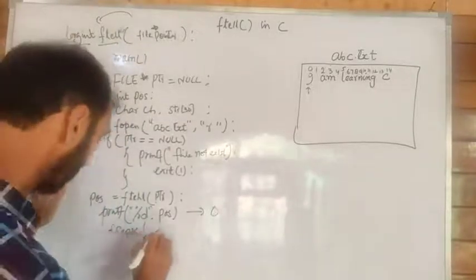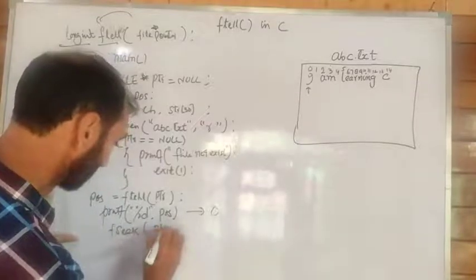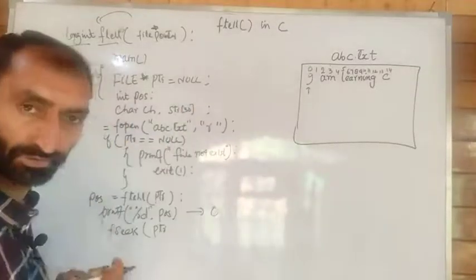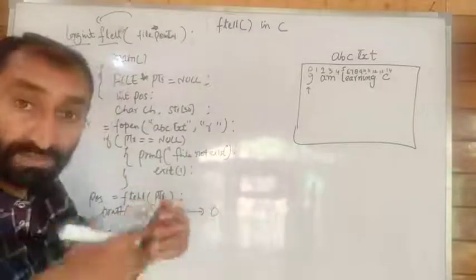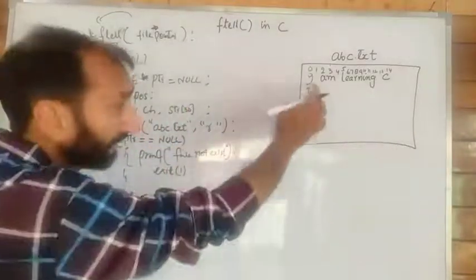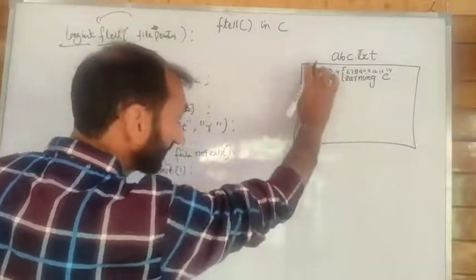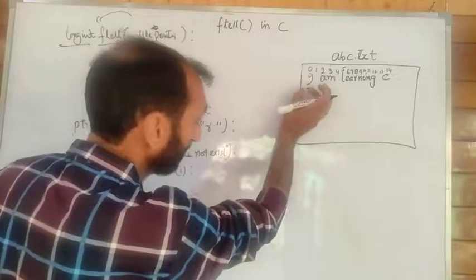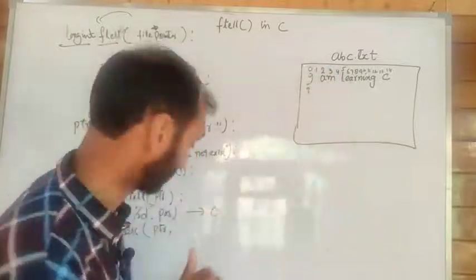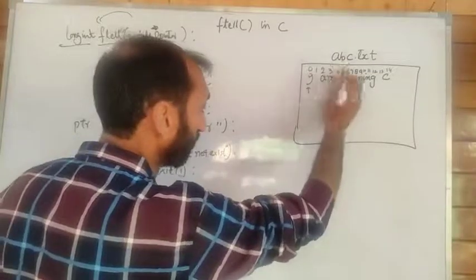Fseek takes three arguments. First is the name of the file pointer, that is ptr. Second is how many bytes you want to move the cursor, forward or backward. At present the file pointer is at the 0th index. Now we want to move 4 bytes forward, that means 1, 2, 3 and 4, here.